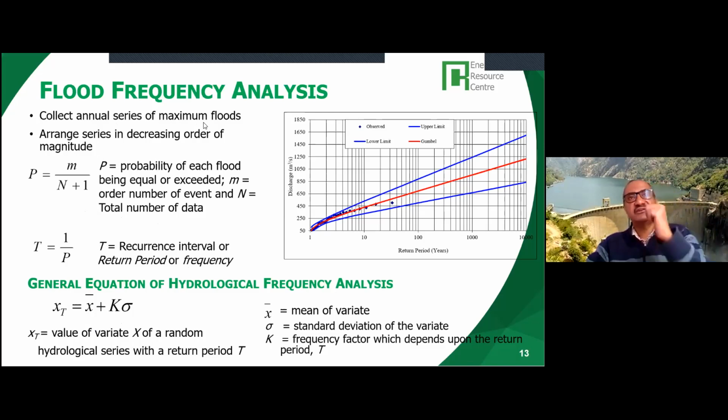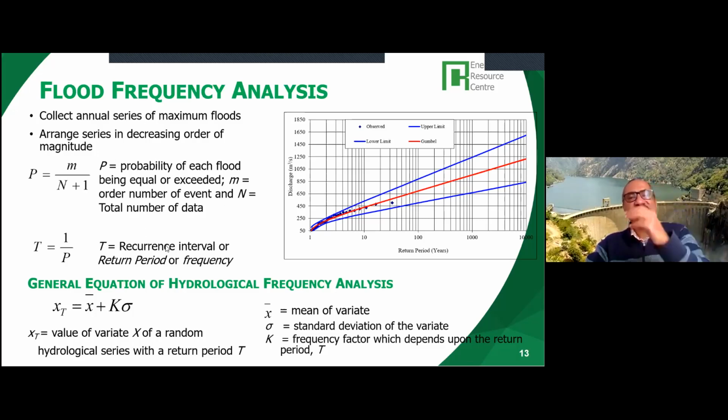Let's say you have 30 years of peak flood discharge data. You then arrange this in decreasing order of magnitude. Then you get the probability of each flood being equal to or exceeding this value. And this is the formula, using the order number of the event and the total number.